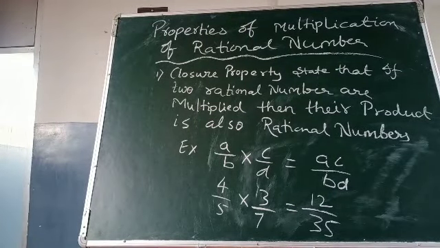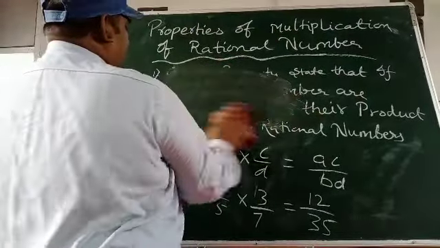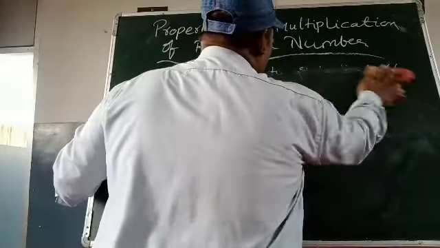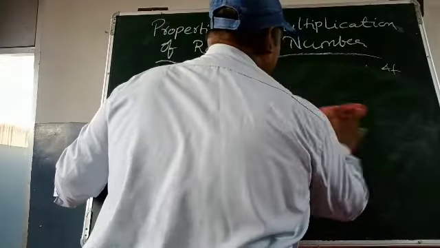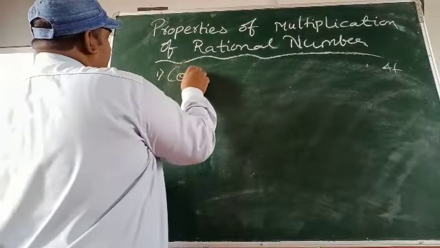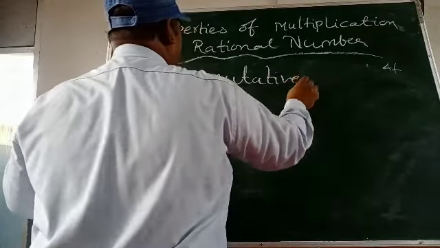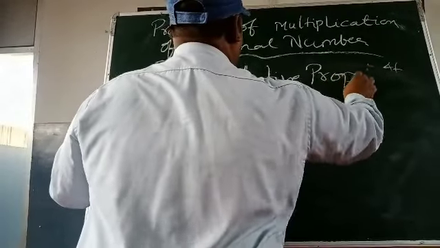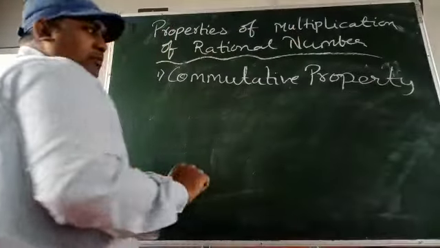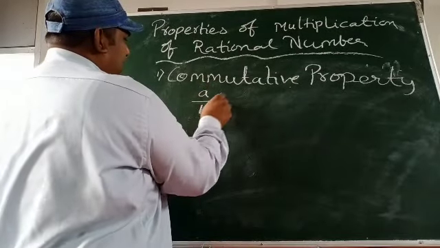What is commutative property? If two rational numbers are there, suppose we have a by b and c by d.